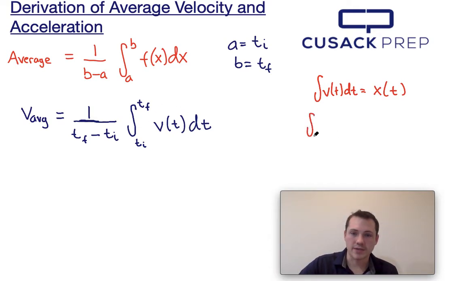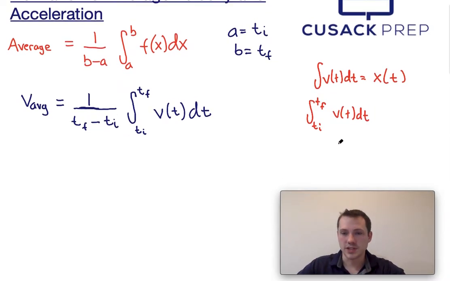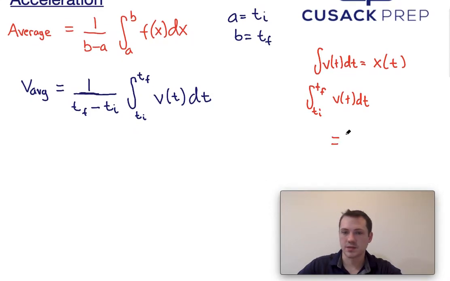If we integrate from the initial time to the final time of v of t dt, that integral is just going to equal x of t. But we have to evaluate that from the initial time to the final time.